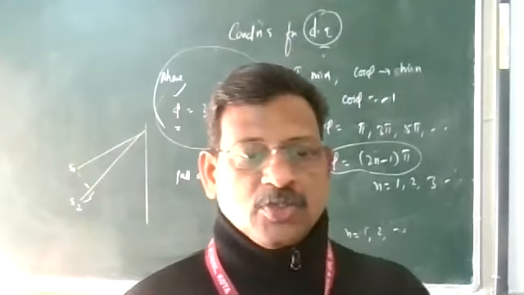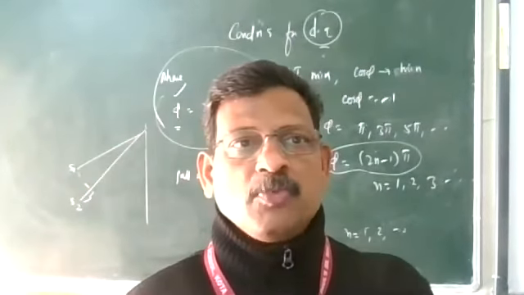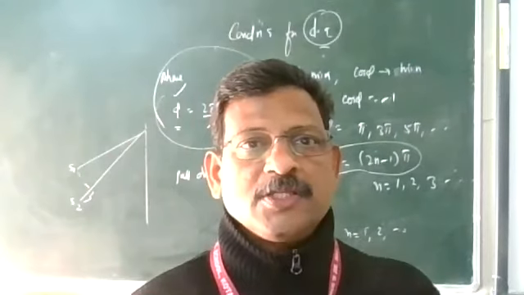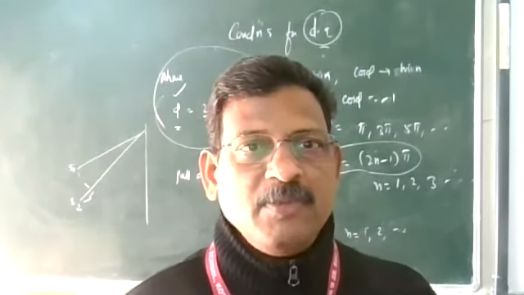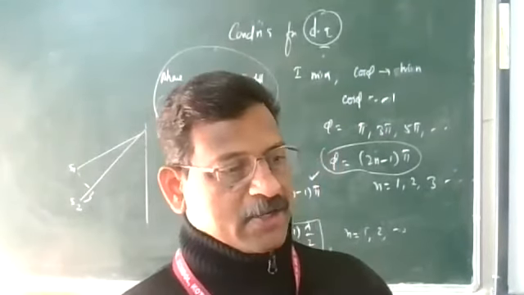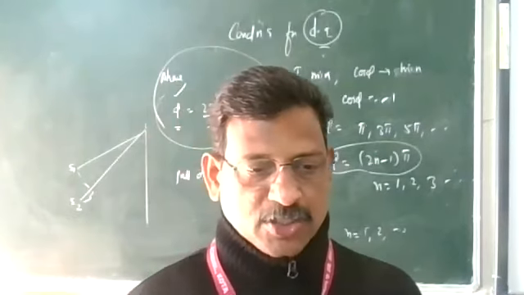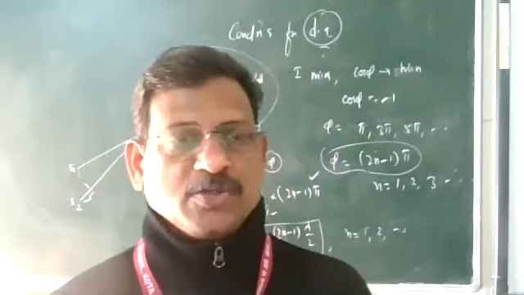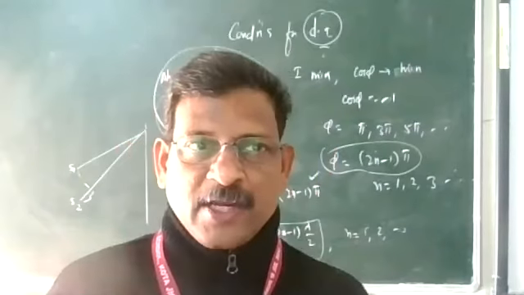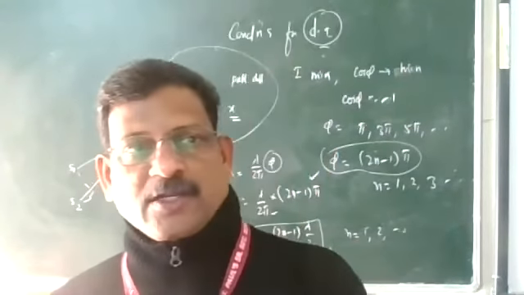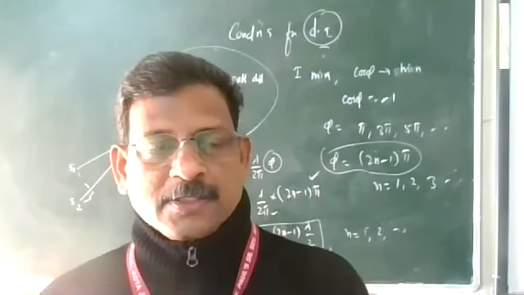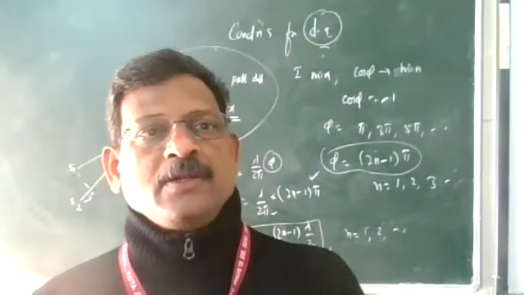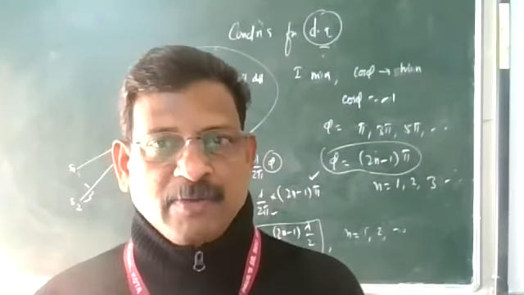So we have defined this, and we have seen which points on the screen will be bright and which will be dark, the exact locations. The next point is interference and energy conservation. We defined interference as a redistribution of energy. Some points are extra bright, and at some points the intensity is minimum.